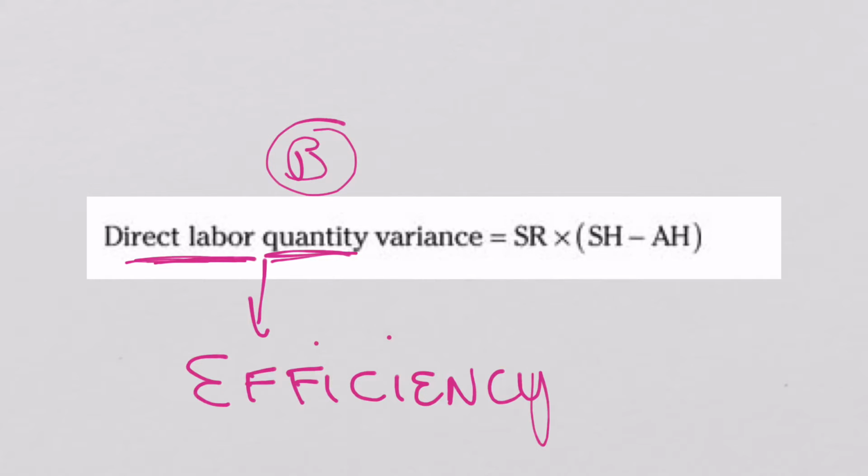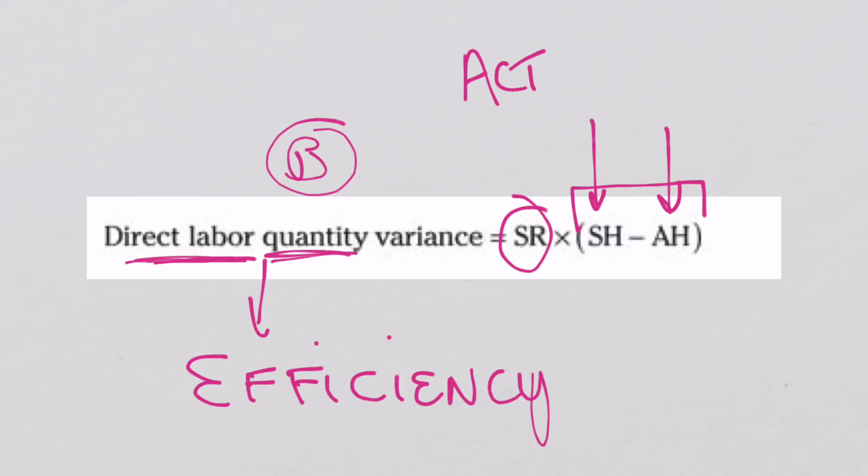How this is calculated: use the standard rate of what we expected to pay, not the actual rate we paid, so we can measure the difference between the standard number of hours we expected to spend on the product versus the actual hours. And again, there's no difference between purchased hours or used hours. It's all actual hours incurred.